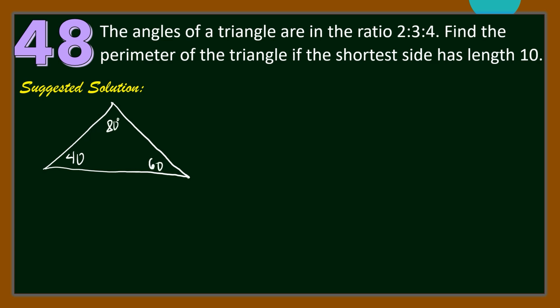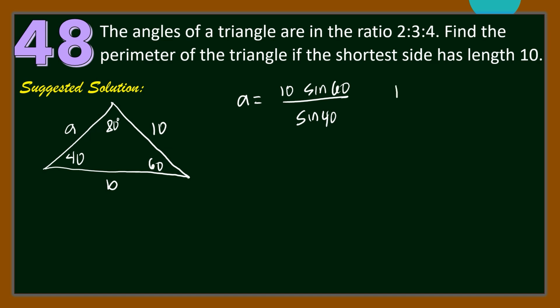Since the shortest side of the triangle is 10, it must be opposite the smallest angle, that is 40 degrees. Let us label the two other sides as A and B, so that the perimeter will be A plus B plus 10. Using sine law, we have A is equal to 10 times sine 60 degrees over sine 40 degrees.